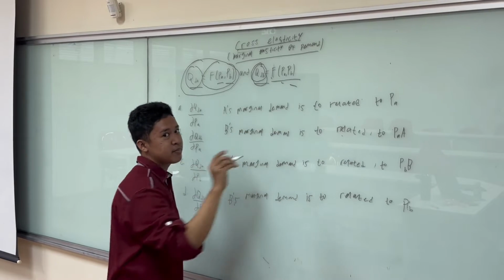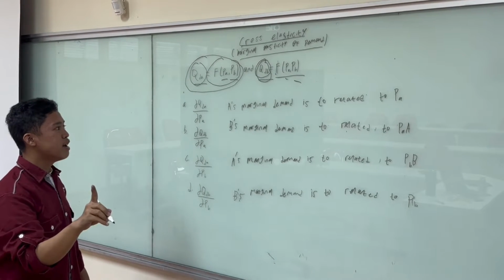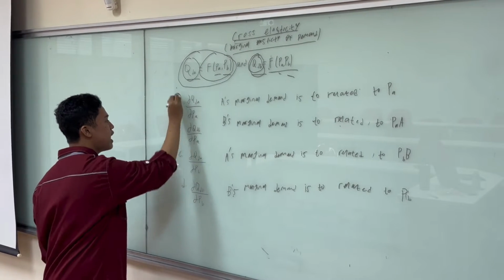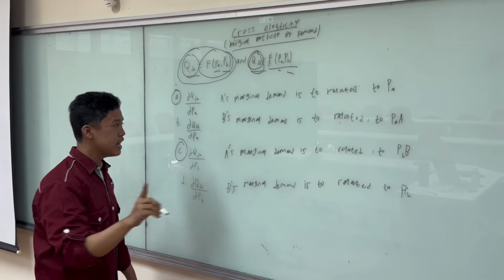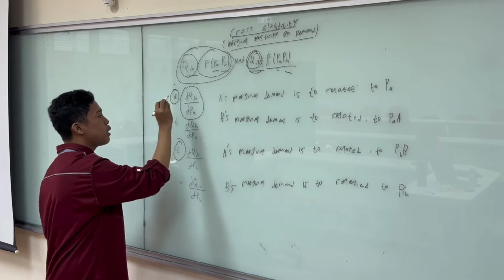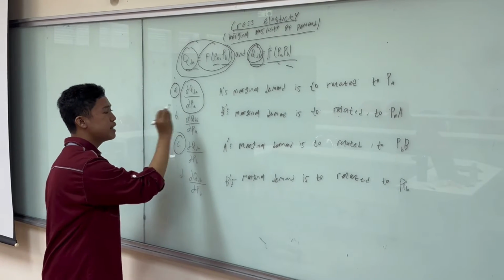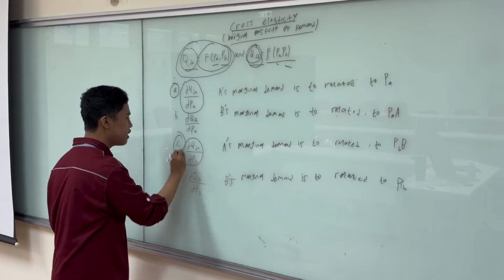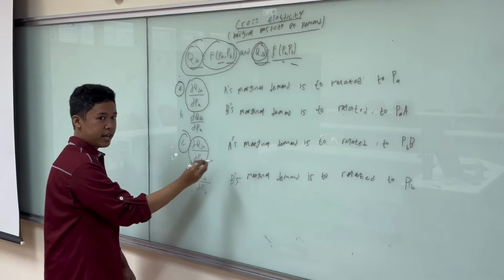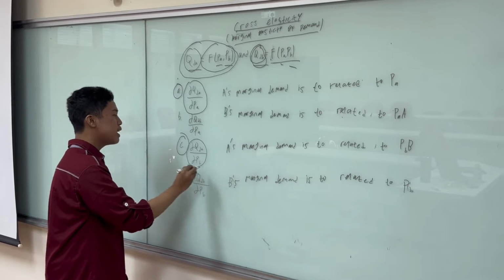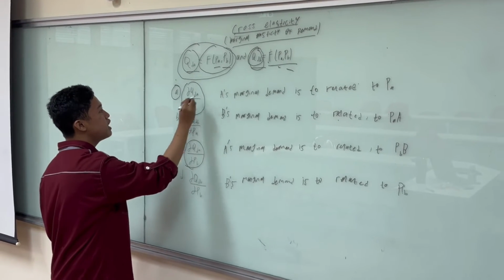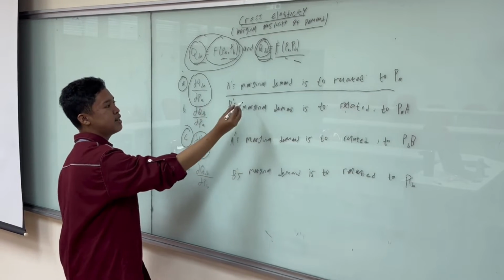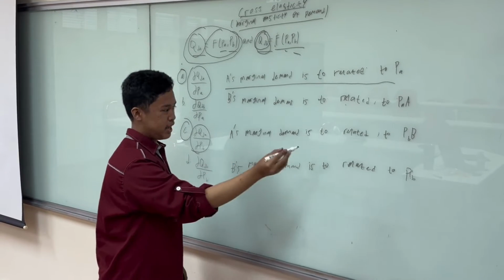Now guys, if you want to look for marginal demand, especially for A, you have to choose A and C. In A, the derivative of quantity demand A divided by the derivative of price A. In C, you can see here, the derivative of quantity demand A divided by the derivative of price B. In A, A's marginal demand is related to PA.